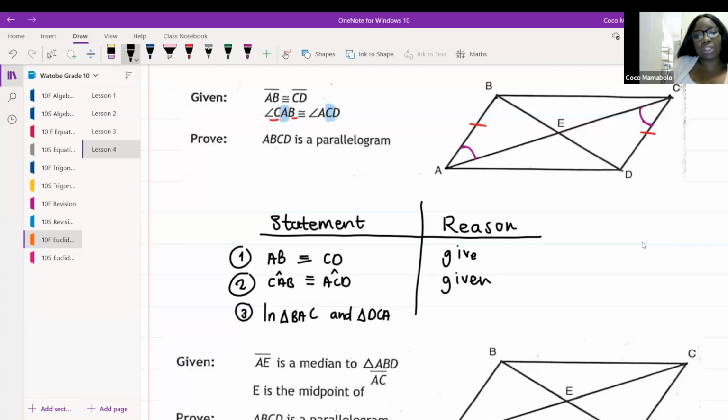We know that in this triangle, the given things are true, right? We know that in this first triangle, BAC, AB is equal to DC. We also know that the angle A is equal to the angle C. Can anybody see anything else on the screen that is going to help us to finish off this proof?